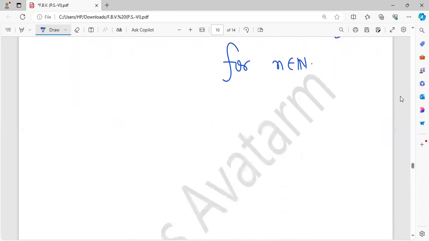And you can check that the limit as x tends to infinity of f(x) exists, because it is zero. So the limit exists.